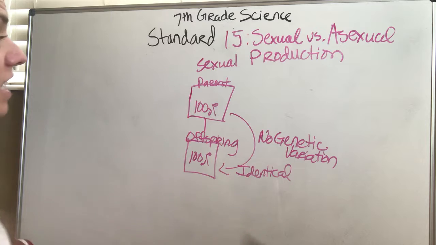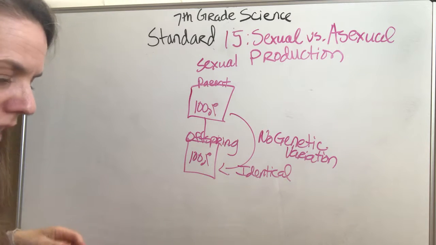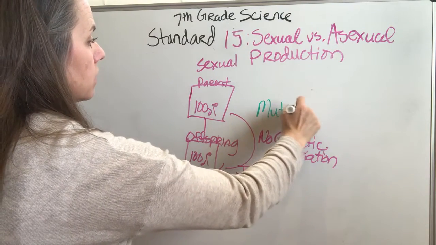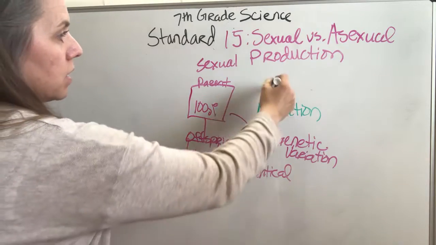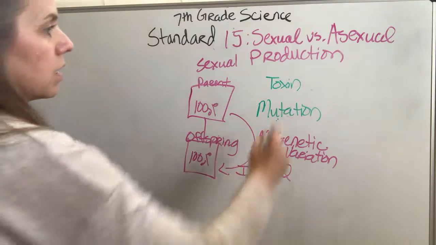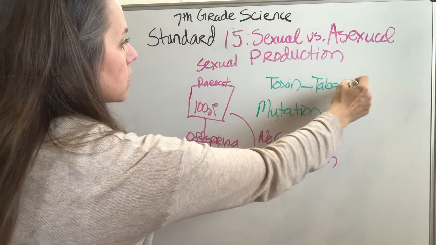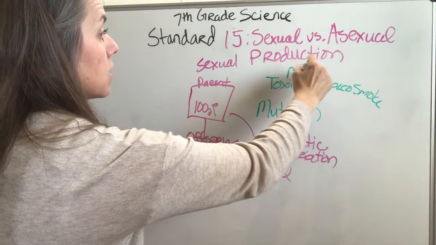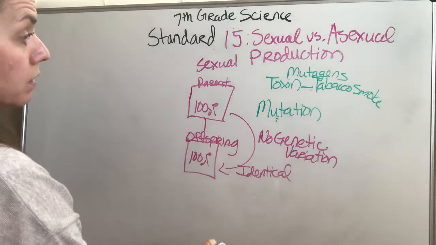It's going to be exact, except if there is an accidental random mutation. Sometimes those are random, and sometimes it's because a toxin has been introduced, like tobacco smoke. So we know about mutagens that make the mutations not so random.